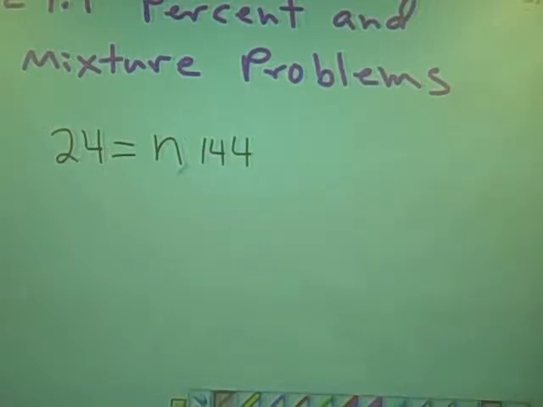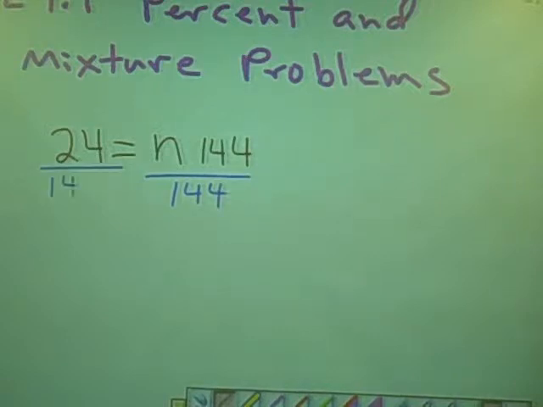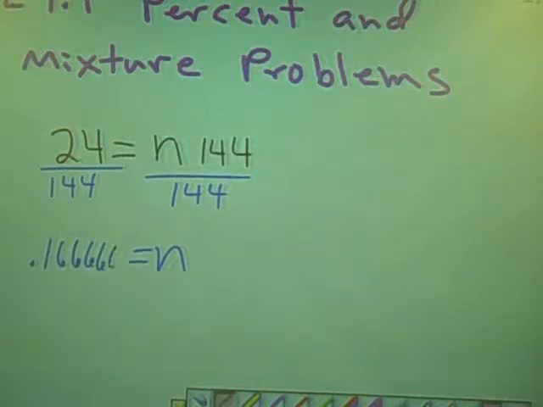So we divide 144 from both sides, and we get n equals 0.16666666, and it just goes on and on and on. So they symbolized it with a bar as a repeater. But as a percentage, you've got to move that decimal point 2 places to the right.